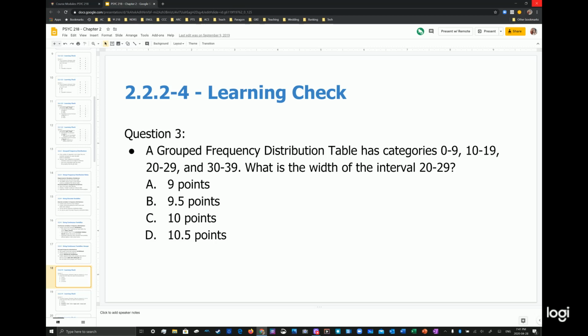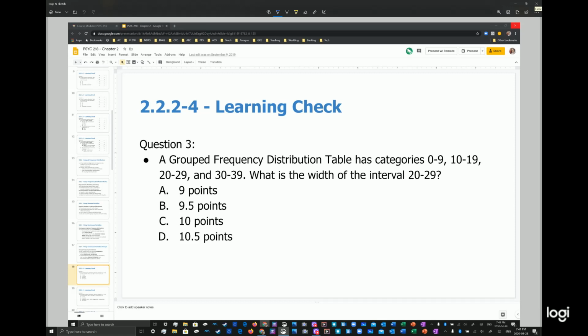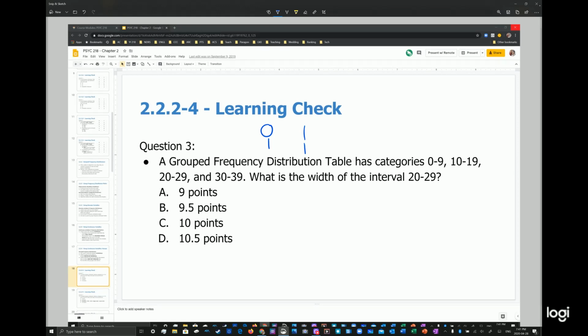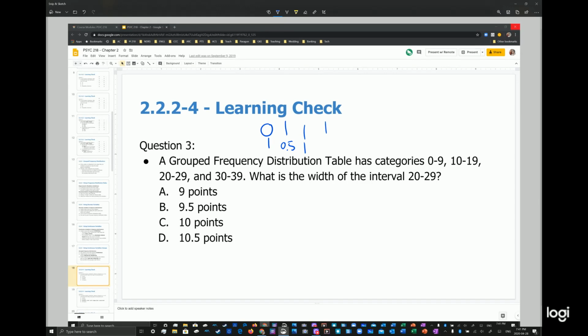Now, before we show you the answer, remember how the upper and lower limits work. So, remember the scale that we had. 0, 1, and so we have half of that, so that's 0.5. And so we can do this 1.5, and we keep going 2, all the way up to 9.